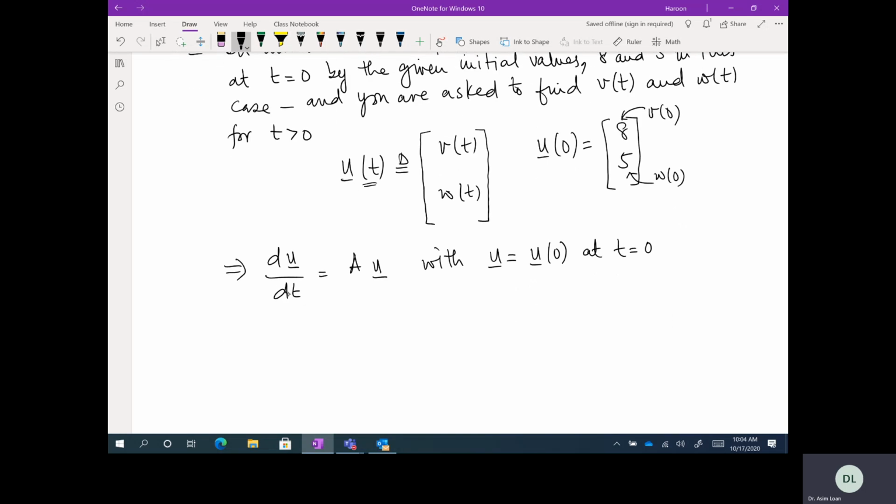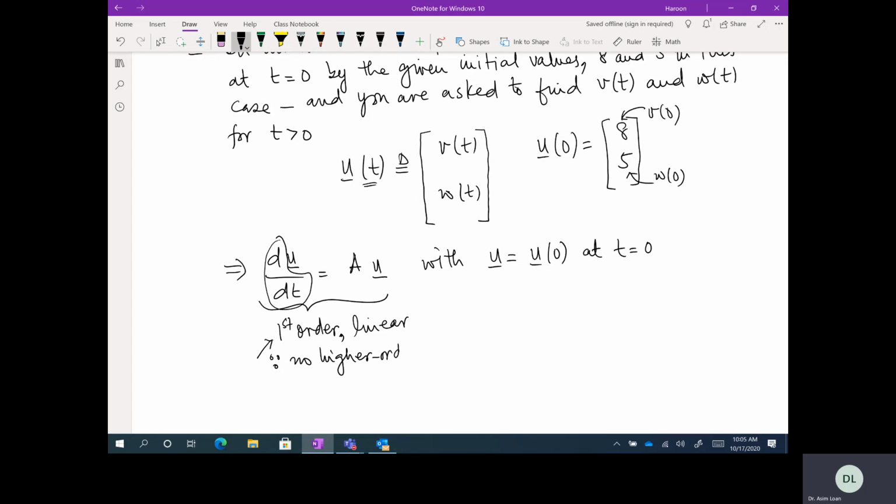So just to recap, although you have already taken a course on differential equations, this is a first order linear system. Why first order? Because no higher order derivatives appear.